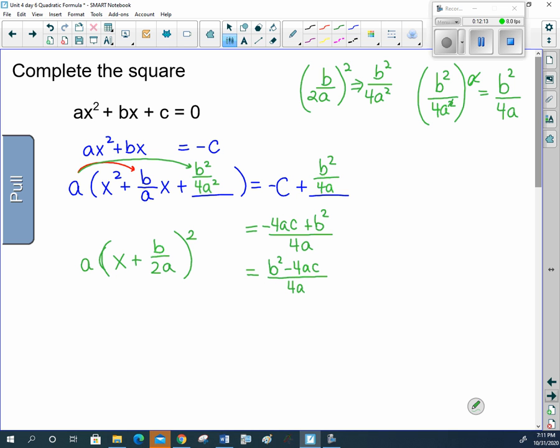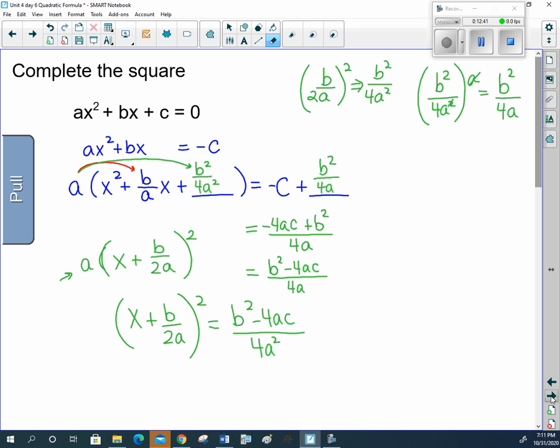Well, we already have a fraction, so we're going to have x plus b over 2a quantity squared, and I'm dividing this a over to the other side. So that's going to be b squared minus 4ac. I already have a 4a in the denominator, so when I divide this a over here, it's going to multiply, so I'm going to have 4a squared.